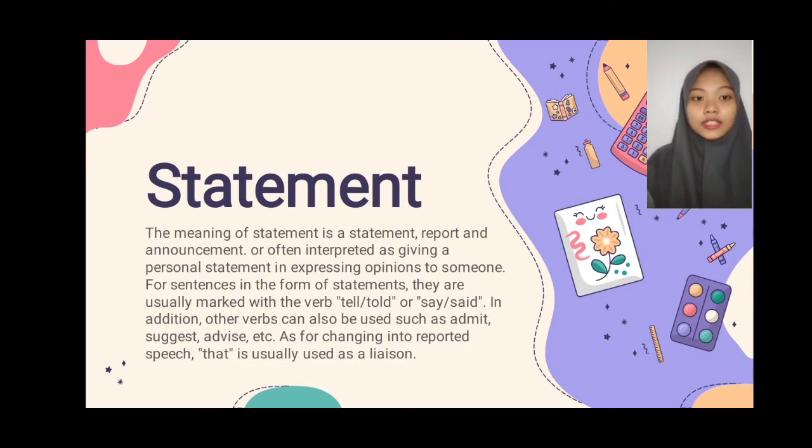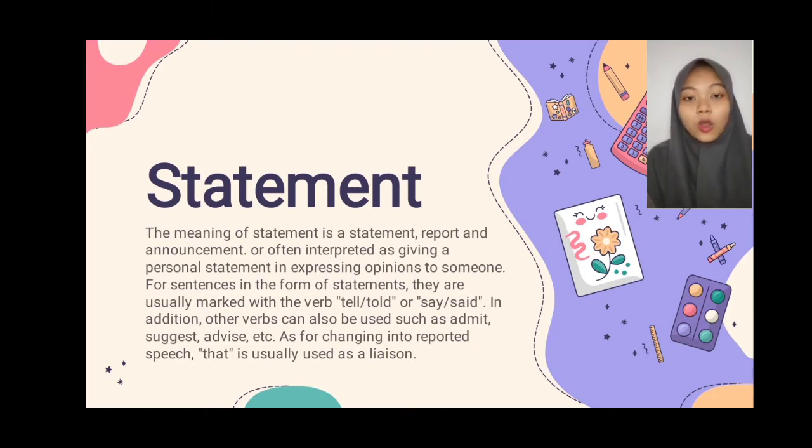The meaning of statement is a statement, report, and announcement, often interpreted as giving a personal statement in expressing opinion to someone. Sentences in the form of statement are usually marked with the verb tell or told, or say or said.